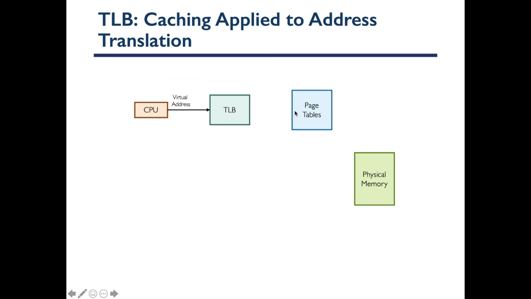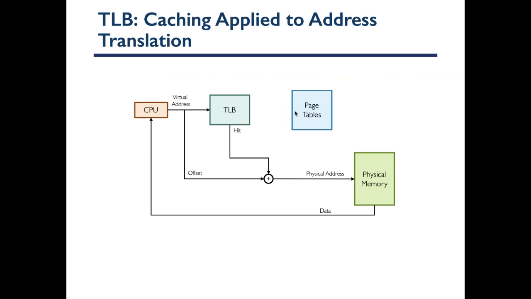So every time we want to translate a virtual address, we go to the TLB. If we hit in the TLB, we have the physical page number for our virtual page, so we just use the offset to go to memory right away. If we miss in the TLB, then we're going to go and do the page table walk.